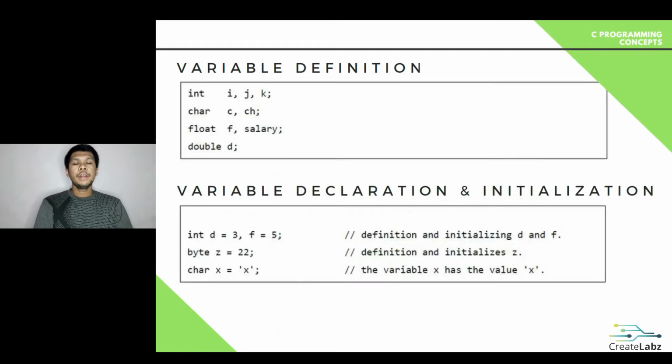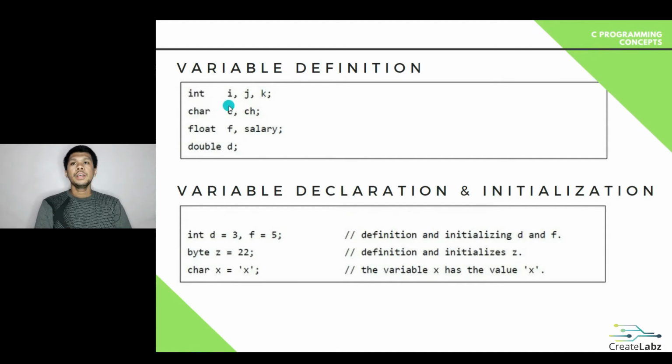How do we define a variable? We define a variable by simply stating the data type, space, and then the variable name, then semicolon. You can also define multiple variables in a single line, like data type, space, first variable, comma, space, second variable, comma, space, third variable, and so on and so forth, and semicolon.